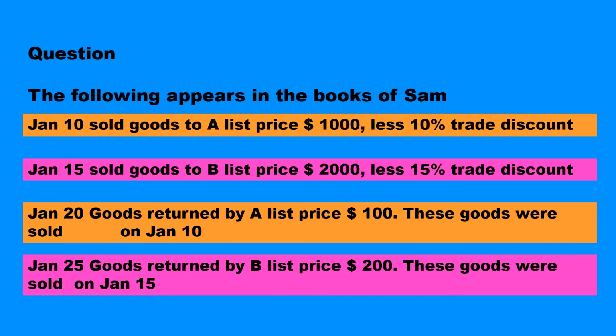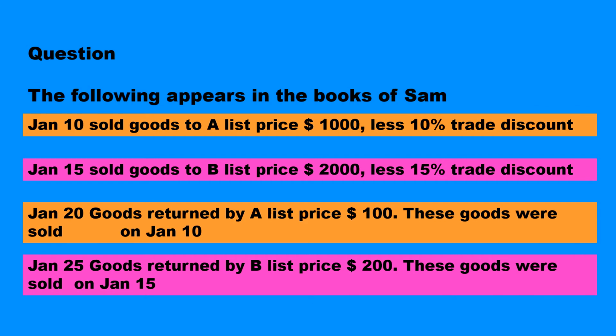Now, once the businessman is satisfied by the demand of the customer, then the businessman issues what is known as a credit note, and therefore we always say that a credit note sent to the credit customer is considered to be return inwards or sales returns.